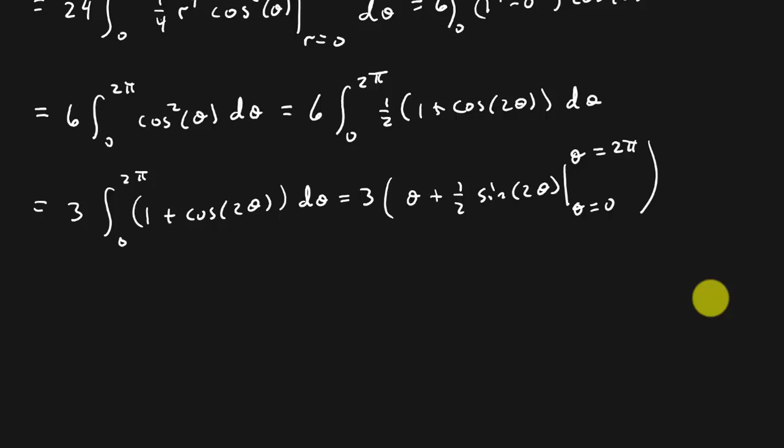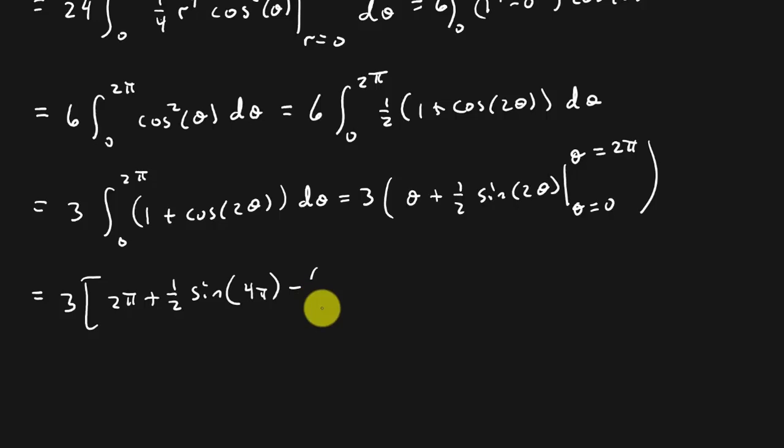All right, so let's see what we get here. This is going to be 3 times 2 pi plus 1/2 times sine of, when we plug the 2 pi in there, that's 4 pi, sine of 4 pi is 0, minus 0 plus 1/2 sine, and then we plug the 0 in, sine of 0.